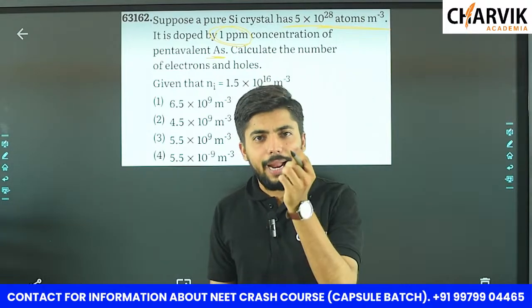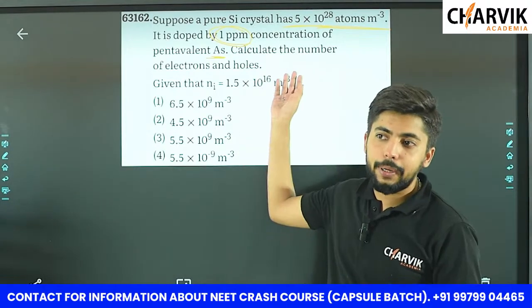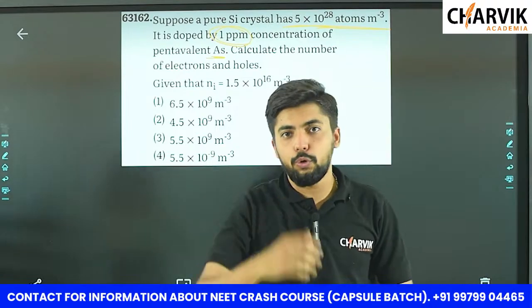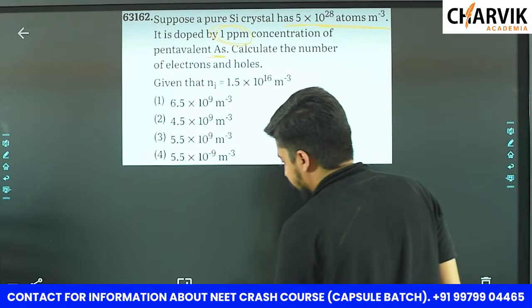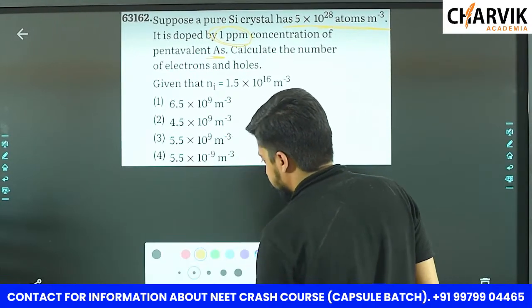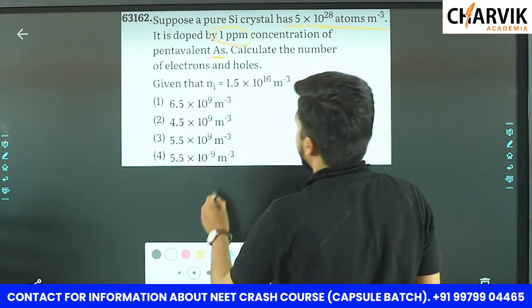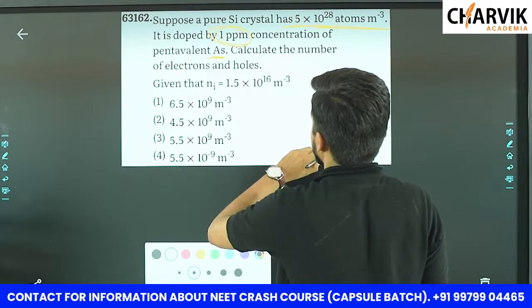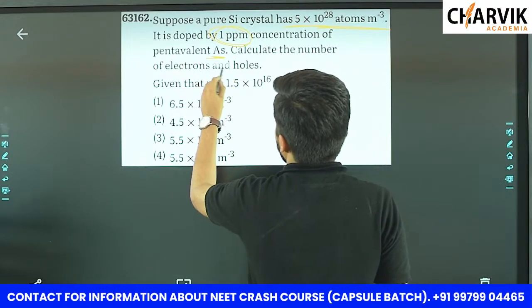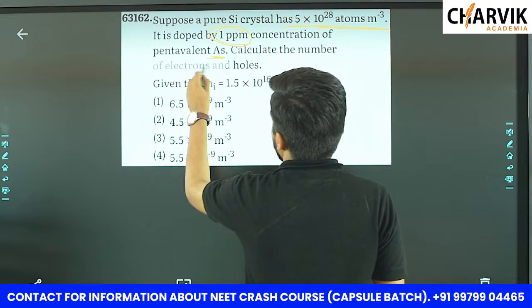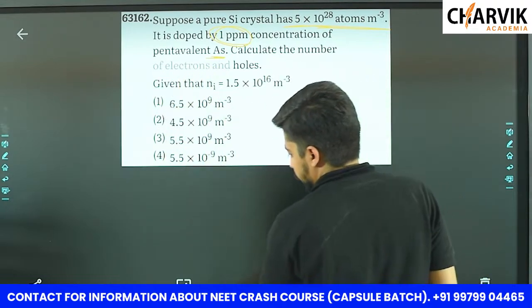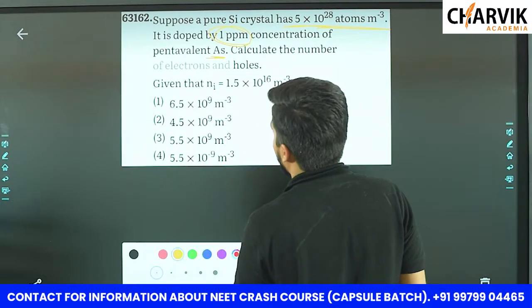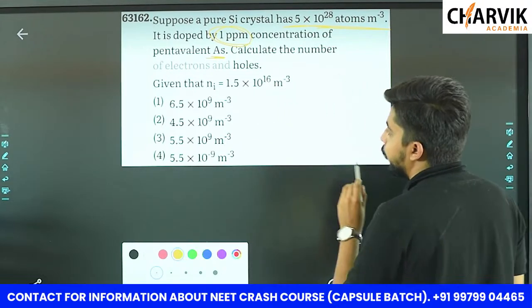Now there is a slight printing mistake, not in our print, it was also in the paper of the GUJCET, that you need to just calculate the number of the holes and not the number of the electrons. We all know now that you need to calculate the number of the holes.